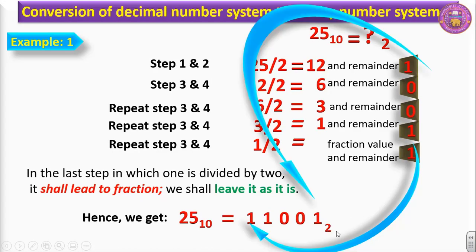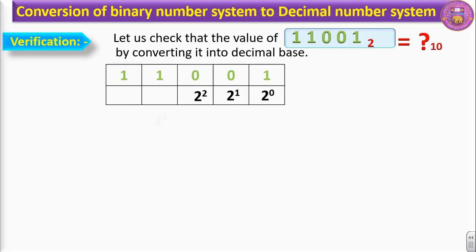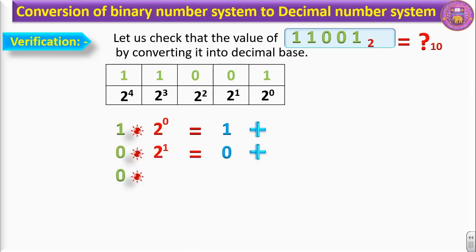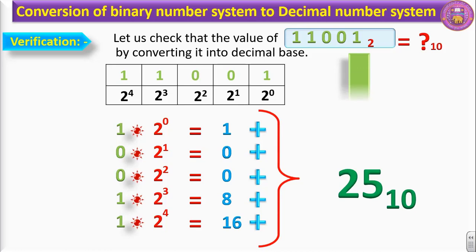We have seen here that 25 base 10 is equal to 11001 binary base. Base is 2. Here our verification is absolutely correct. Let us move on to another example.